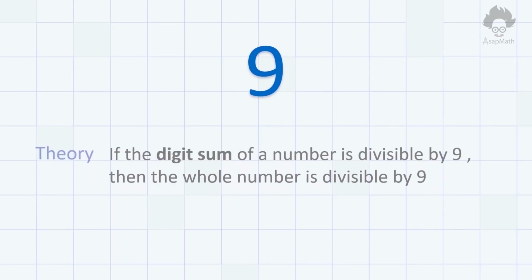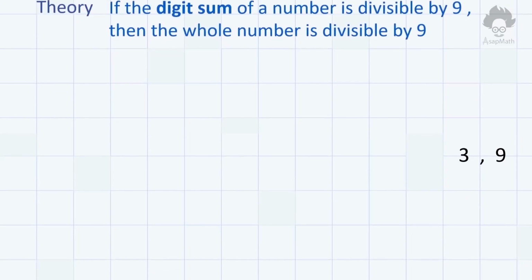The next number is 9. If the digit sum of a number is divisible by 9, then the whole number is divisible by 9. Again, the addition of every digit is taken. It is equal to 18, so it is divisible by 9.